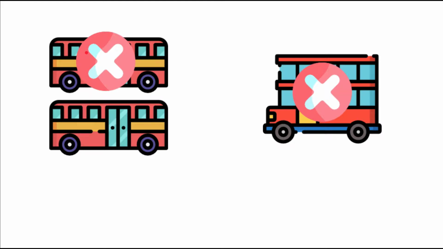But with multiple buses, if one goes wrong, you have another machine, another bus, which can serve the remaining customers. In the case of vertical scaling, you have to wait until you get your bus back on the road. This is one of the biggest drawbacks of vertical scaling: once your server is down, your business is down. But in horizontal scaling, if one machine is down, at least your business is running.